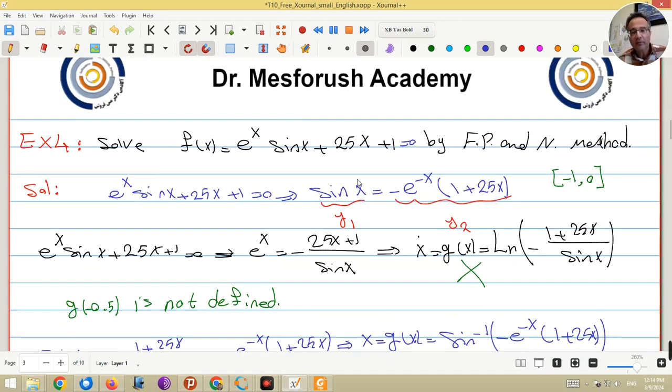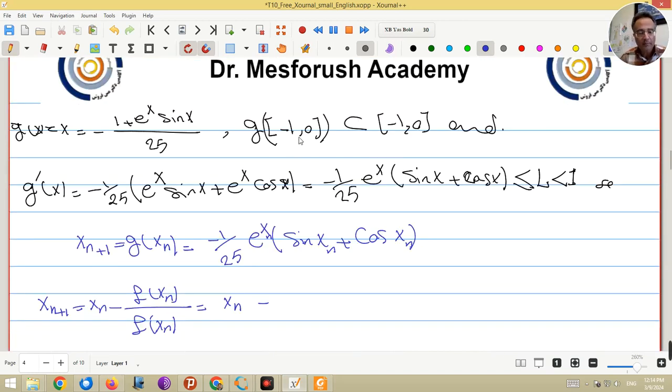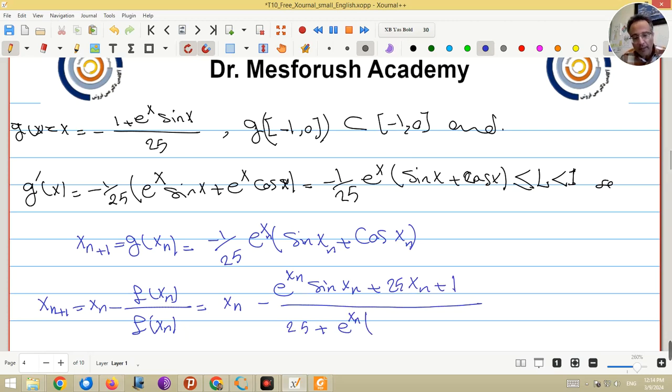What's f of x? It is this one, e to power of x n sine of x n plus 25 x n plus 1 over 25 plus e to power of x n sine of x n plus cosine of x n.